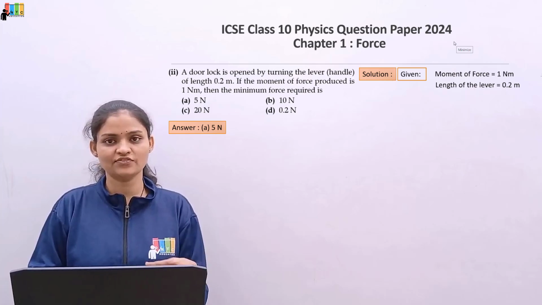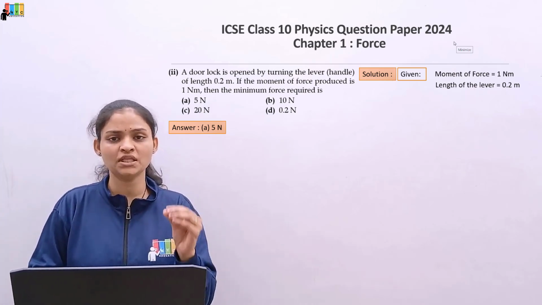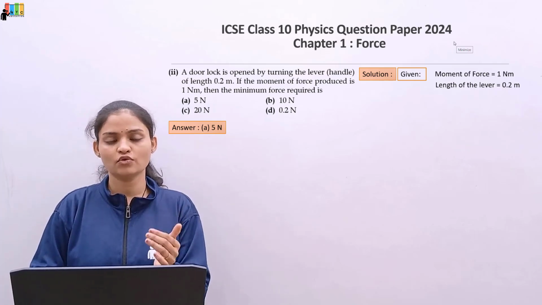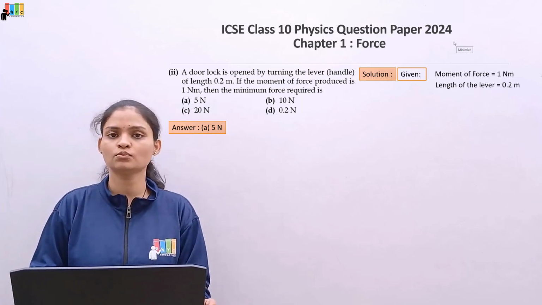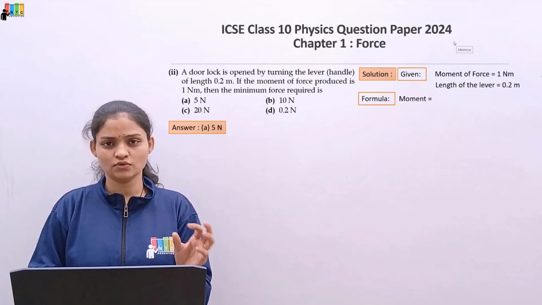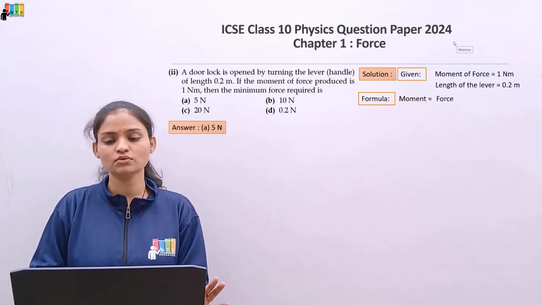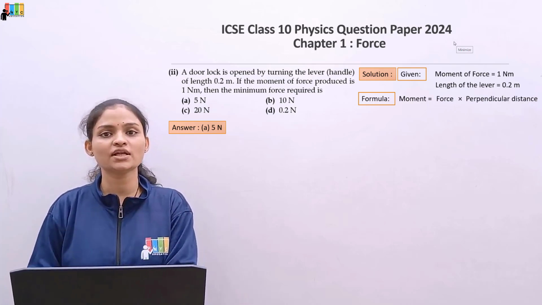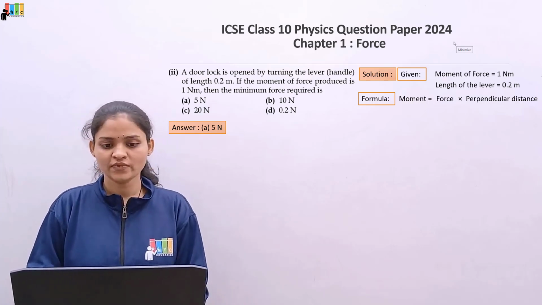Now moment is given, length is given, and what you have to find out is the minimum force required. So for force we are going to use the formula for moment of force. So what is the formula? Moment of force is equal to force, that is magnitude of force, into perpendicular distance from the line of action of force.